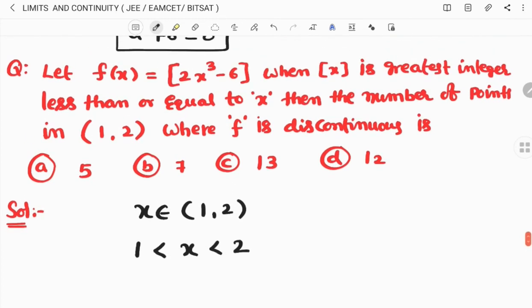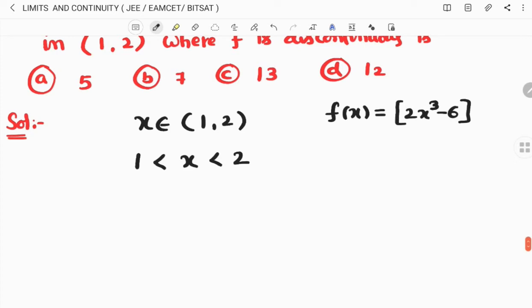But in the question, the function is given as f of x equal to step of 2x cube minus 6. So x cube is there, and I want x cube in this, so every term you have to cube. So 1 cube is less than x cube is less than 2 cube. Therefore 1 is less than x cube is less than 8.